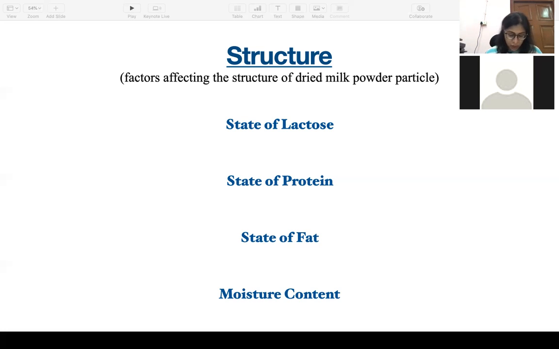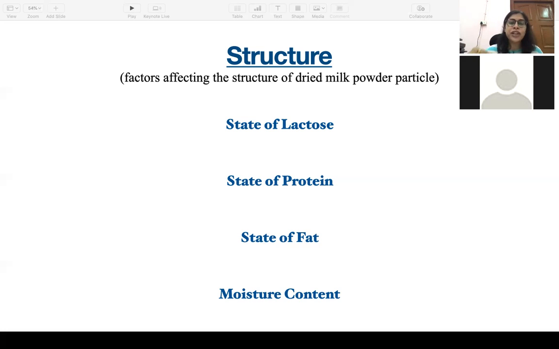Now, the greasiness of a particular product depends upon this free fat. Because when the dried milk powder is reconstituted by adding it to hot water or normal water, we sometimes observe a thin layer of fat over the reconstituted milk.